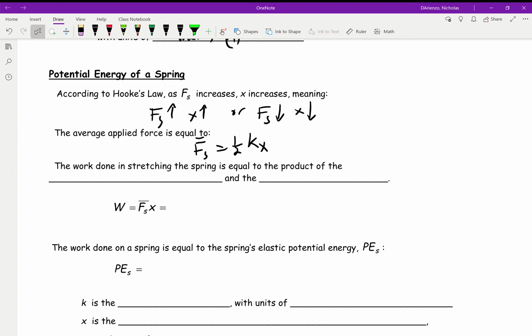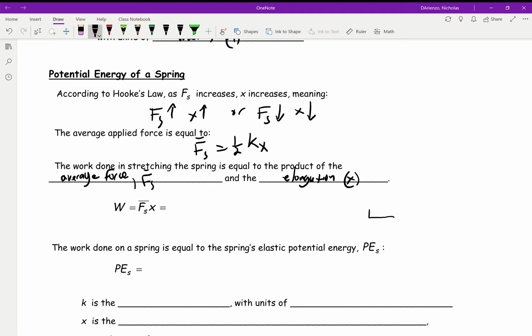So the work done in stretching the spring, if we want to find how much work is being done, is equal to the product of the average force, F_s bar, and the elongation, which I've been referring to as the displacement, which is x.